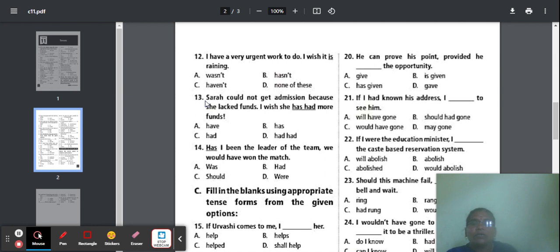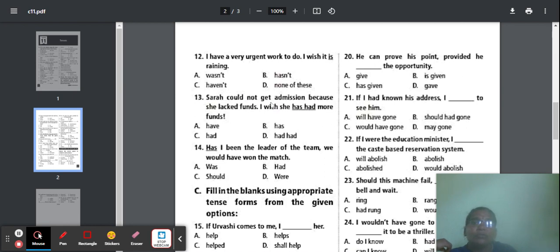Next, question number 13. Sarah could not get admission because she lacked funds. I wish she has had more funds. So here, what will be the answer? Listen, my dear. Has had.